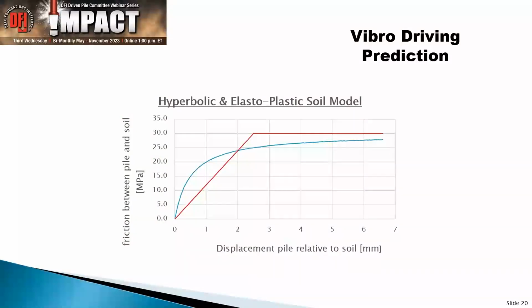Now, I already talked about that elastoplastic soil model, still widely and commonly used. Back many, many years ago, in the late 80s, early 90s, George Goble indicated that you could use this model very effectively for driving with an impact hammer, but it's not realistic.